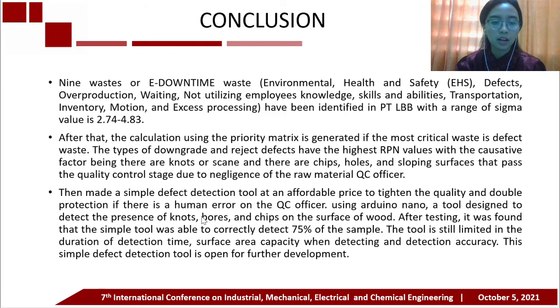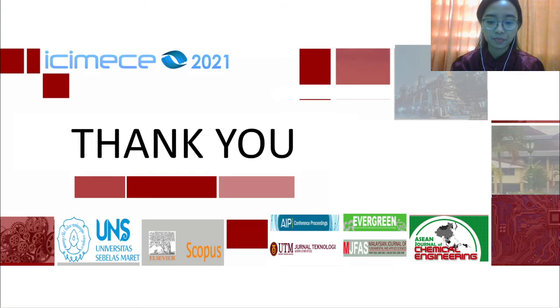And then we made a simple defect detection tool using Arduino Nano, etc. After testing, it was found that the simple tool was able to correctly detect 75% of the samples. The tool is still limited in duration, capacity, and accuracy. This simple defect detection tool is open for further development.